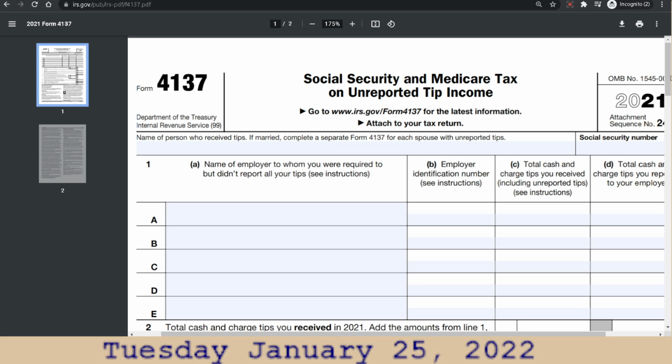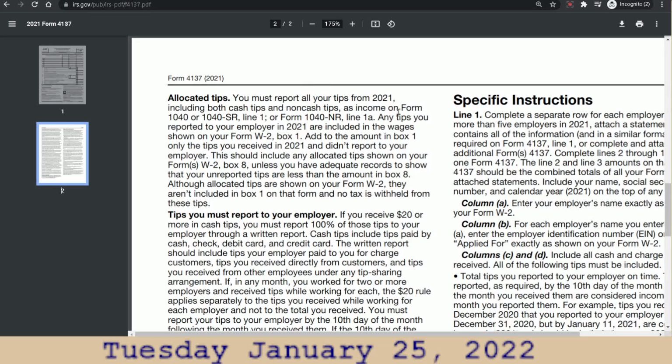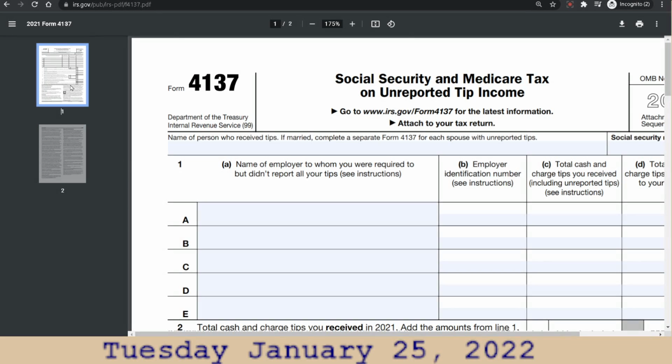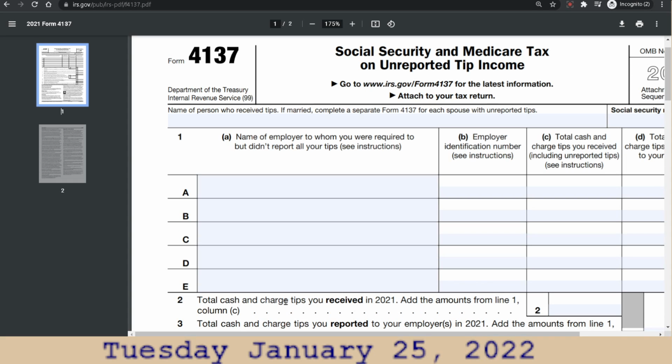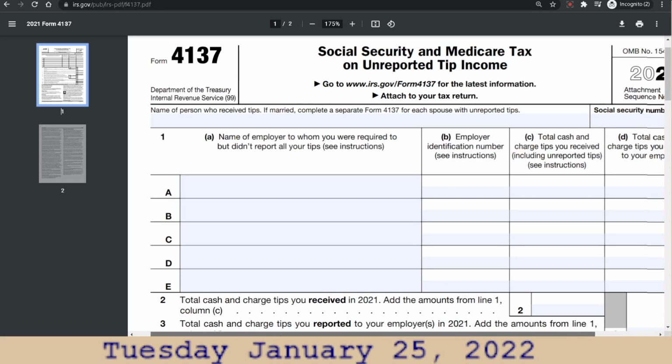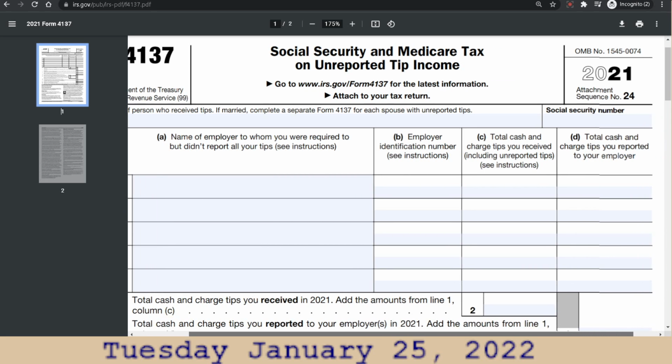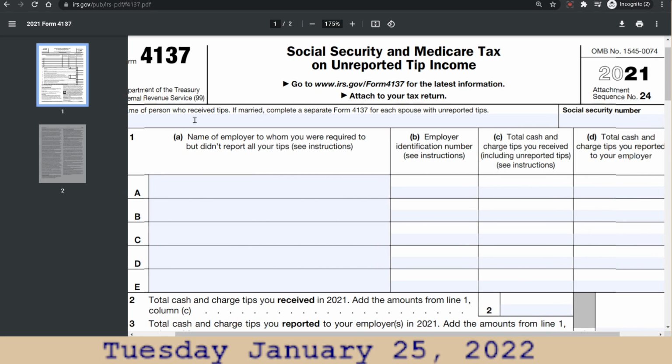If it has something like this up here and this up here, and inside the information it says to include it, then you include it. Again, ask your tax advisor about your situation. But here, name of person who received the tips.